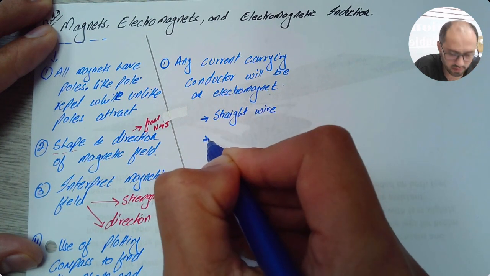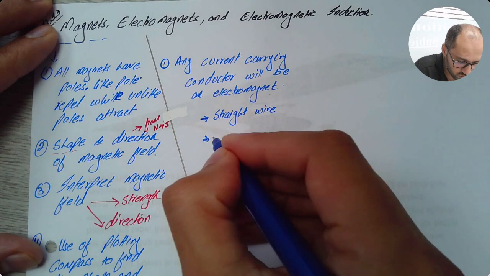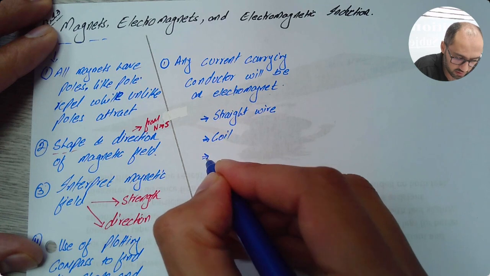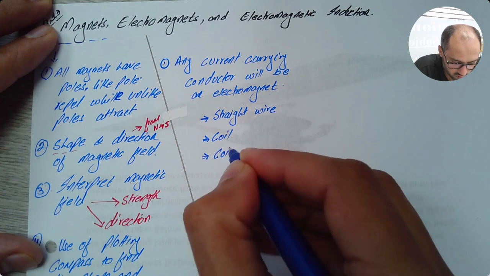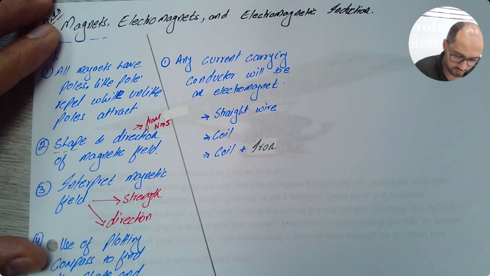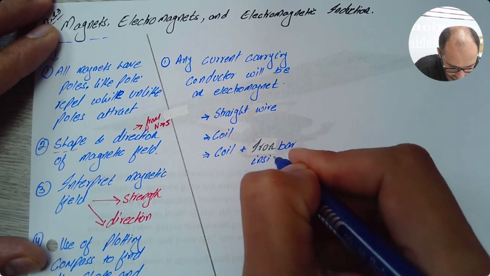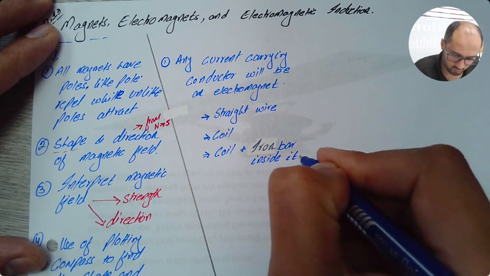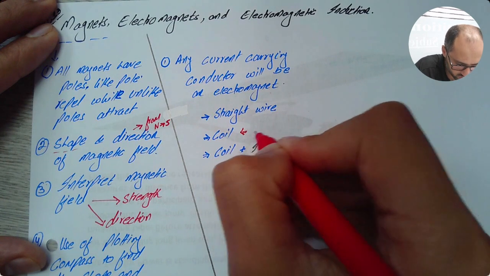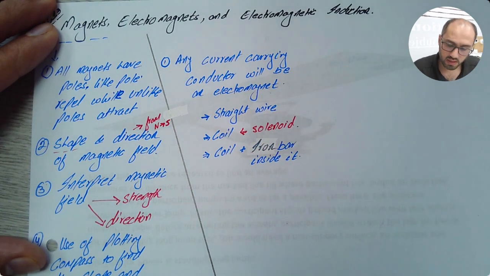Number two, instead of having a straight wire, we can have a coil. The third one, we can have a coil plus an iron bar inside it. This coil is called a solenoid as well.